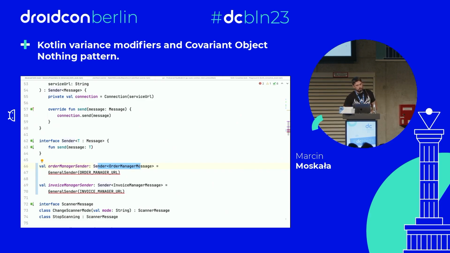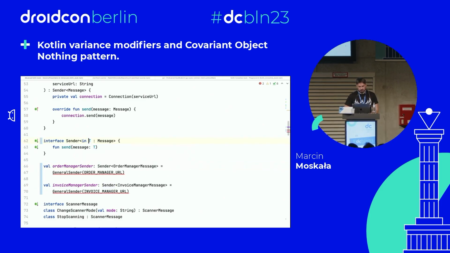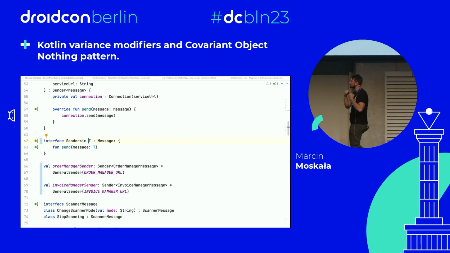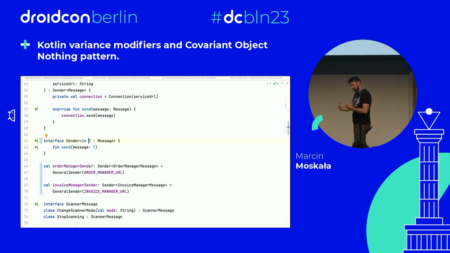So what can we do to make it work? Contravariance. In this case, we need to have a contravariance, so the in modifier. The in modifier is used for consumers, for things that are coming in, consuming inside, and it is appropriate for this type.